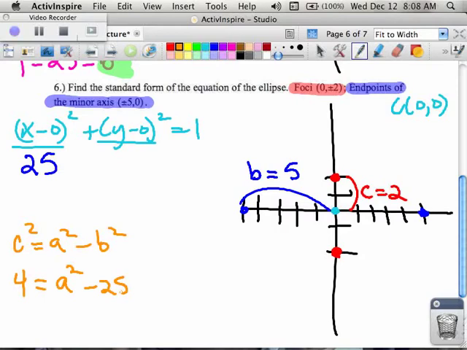So now I'm looking for my a squared information, which is the thing that will be going underneath the y parentheses. So some number minus 25 is 4, and if I'm finding that information, I know that the number that goes underneath the y stuff has to be 29, because 29 minus 25 is 4. And now I found my equation for number 6.